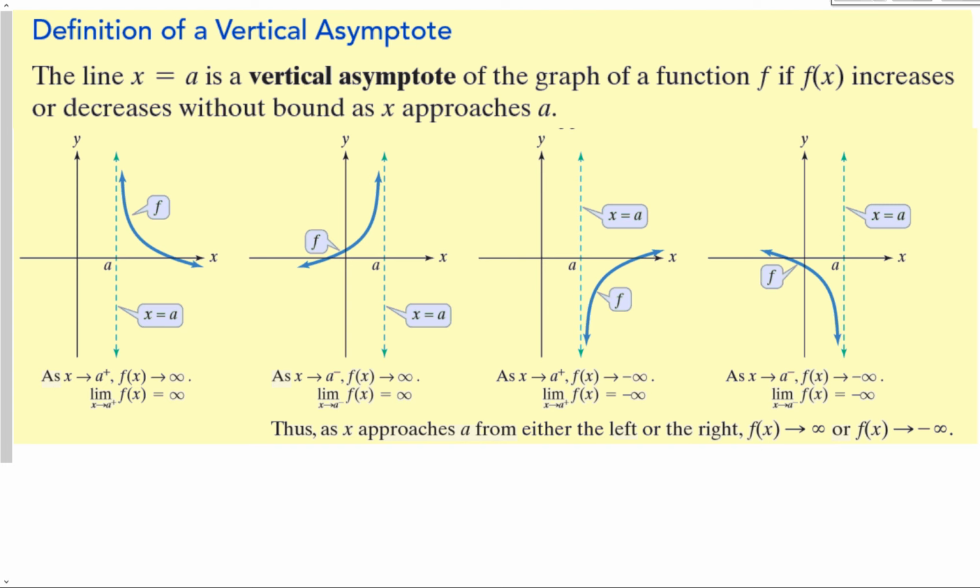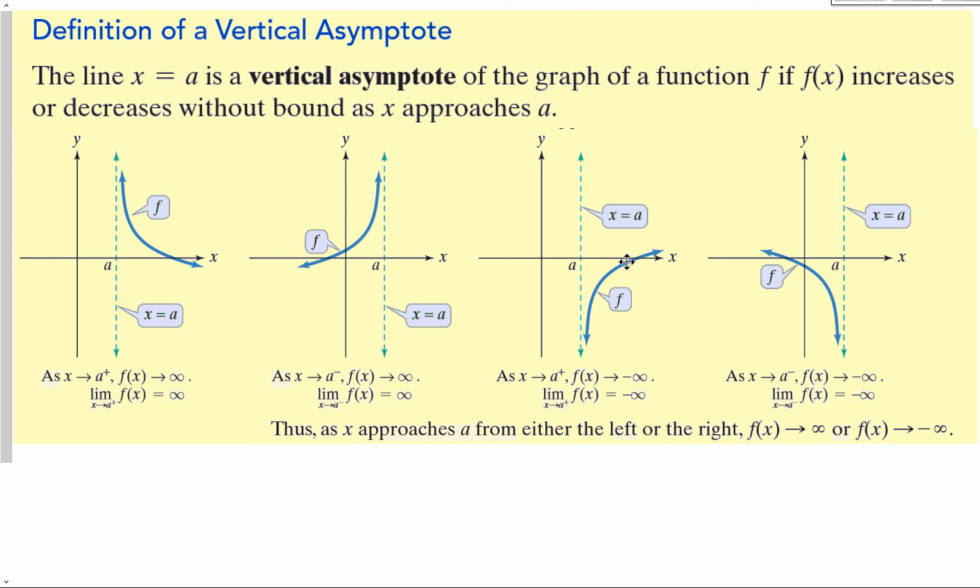You can see it in both arrow notation and limit notation as we look at these graphs. This particular function, as we approach a from the right, the graph goes straight up. So the limit as x approaches a from the right of f of x is infinity. Here, the limit as we approach a from the left is infinity.